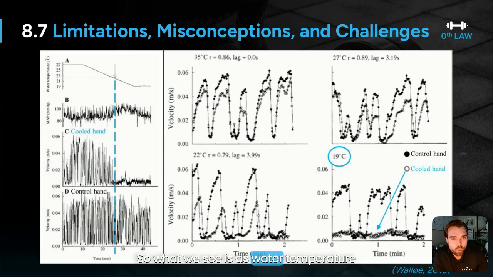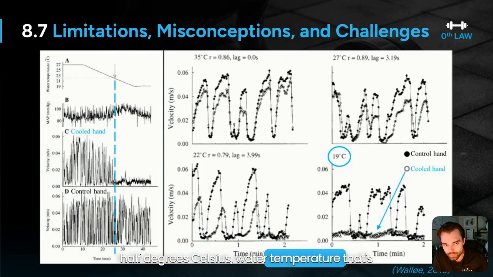So what we see is as water temperature on the very top left in A slowly drops down to about 21.5 degrees Celsius, you will see in section C, the cooled hand, the velocity of blood flow falls off a cliff. So blood flow through the hand, or in this case, I believe it was through the finger, at 21.5 degrees Celsius water temperature, that's over 70 degrees Fahrenheit, is essentially eliminated, essentially constricted.